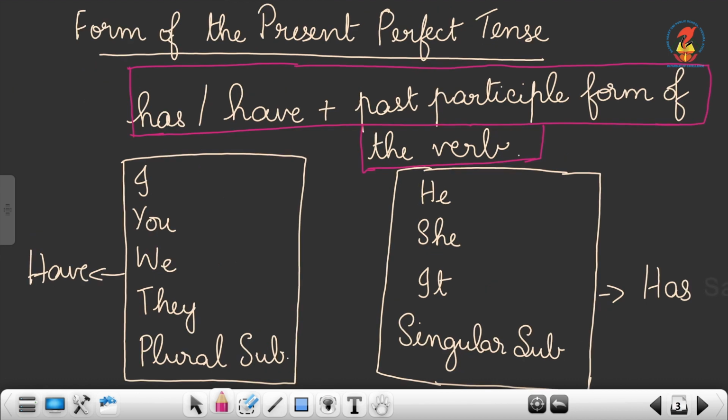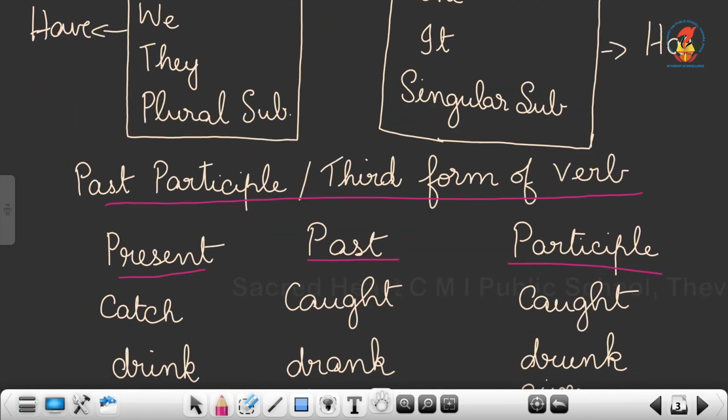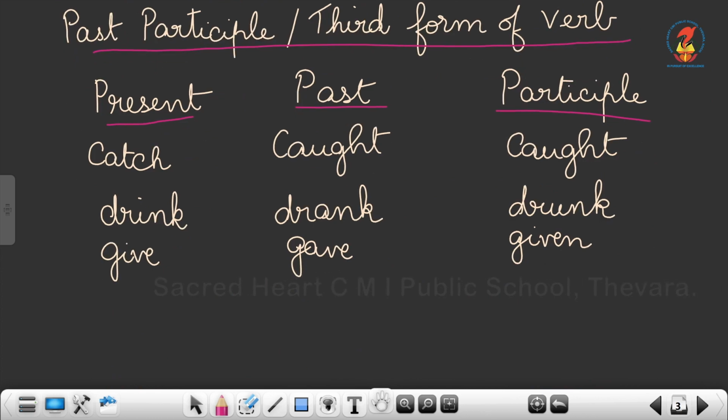Now the next part is regarding the past participle form. The past participle form must be new to you. Now I'll tell you what you mean by past participle, okay. For every verb, we have three forms, okay.